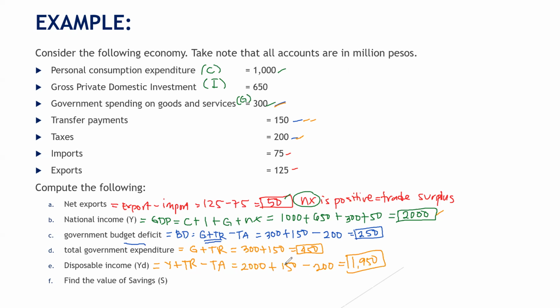Okay? Your disposable income can be used for savings or even for consumption. Now, for savings, we're going to use the formula based on what we derived in the previous slide.